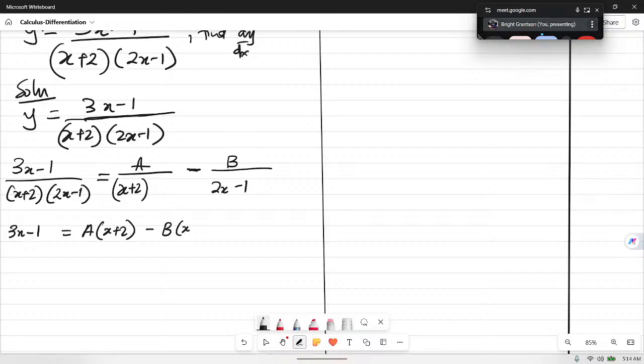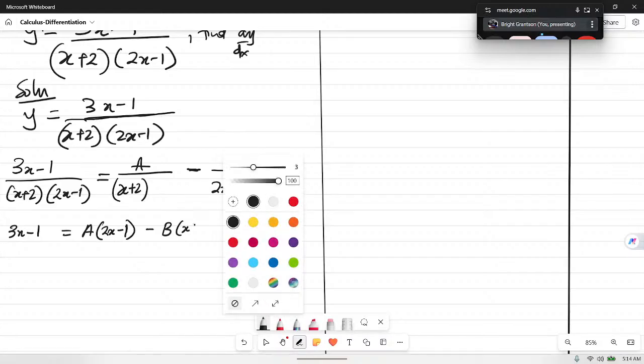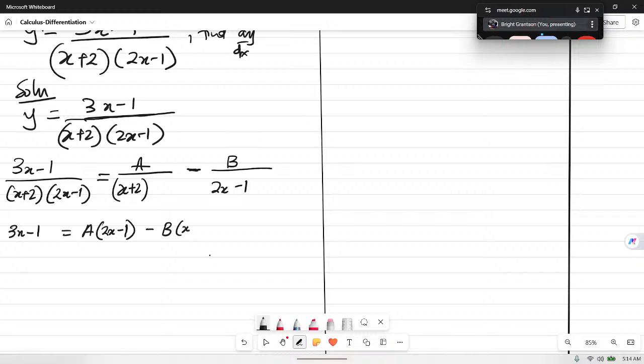You know the A goes with 2x minus 1 instead of x plus 2. Okay, very good. Yes, good, you identify your mistakes. And the B is x plus 2.